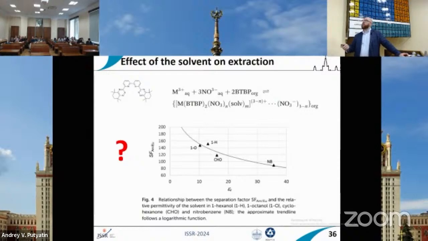And you can see from this dependence that there is a clear dependence of this separation factor on the permittivity of the solvents. So it's different solvents: octanol, hexanol, cyclohexanone, and nitrobenzene. And the separation factor depends on the solvent.